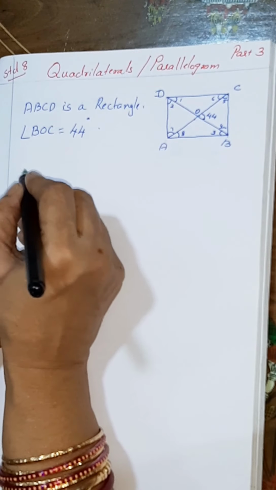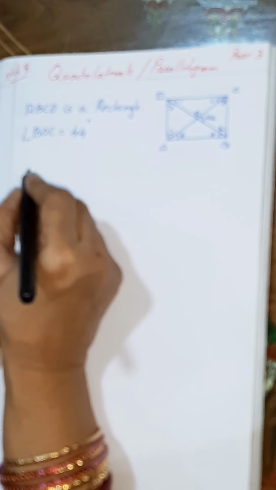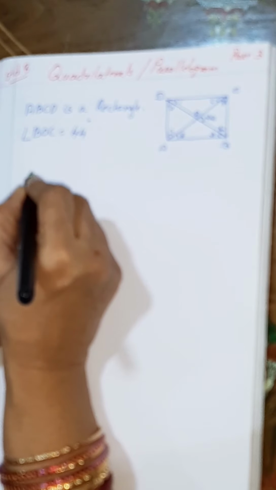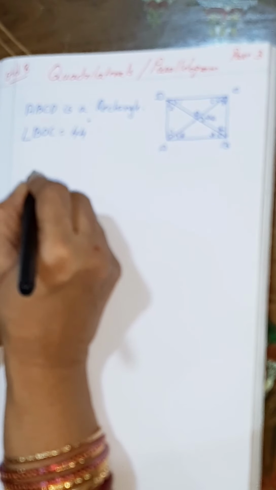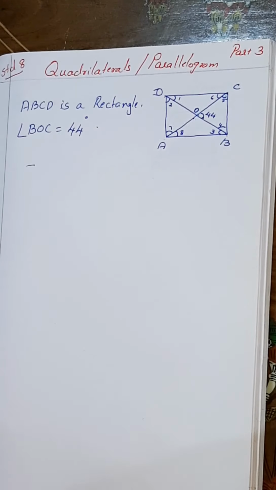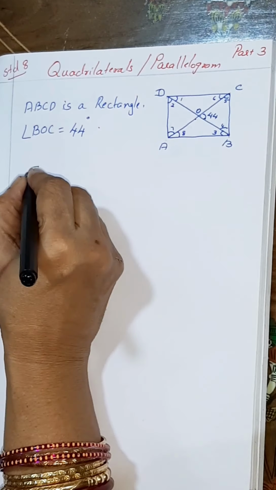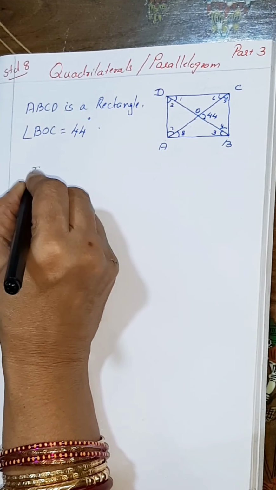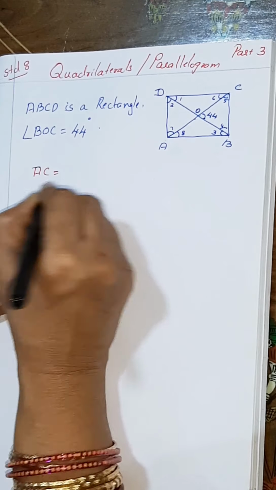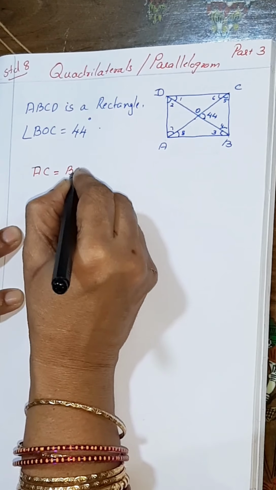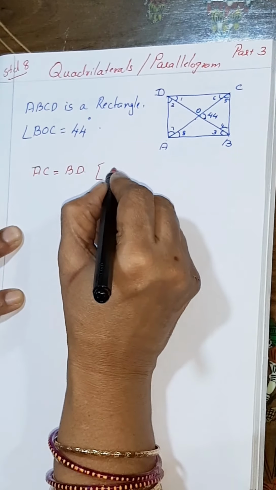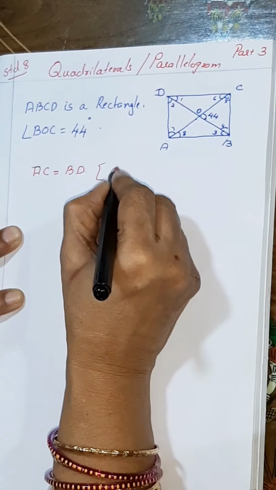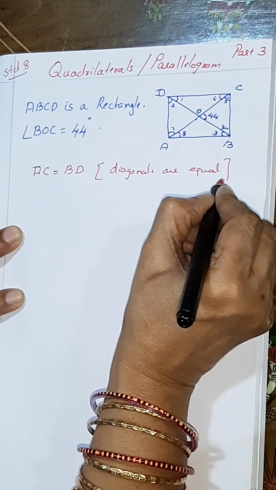So first we will write: diagonals AC equal to BD. Diagonals are equal in a rectangle.